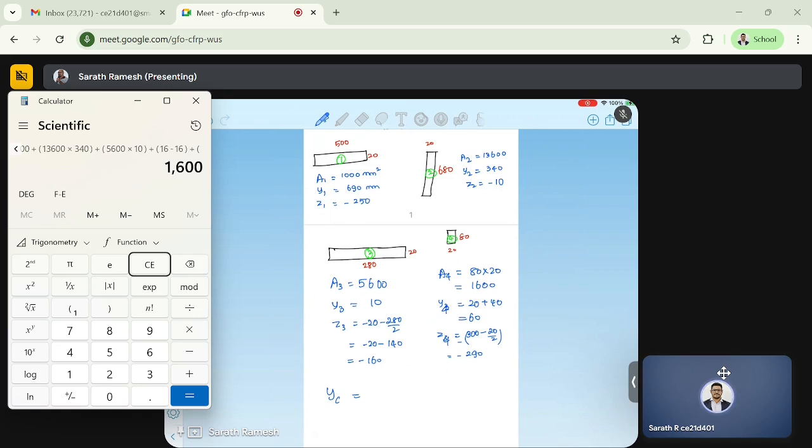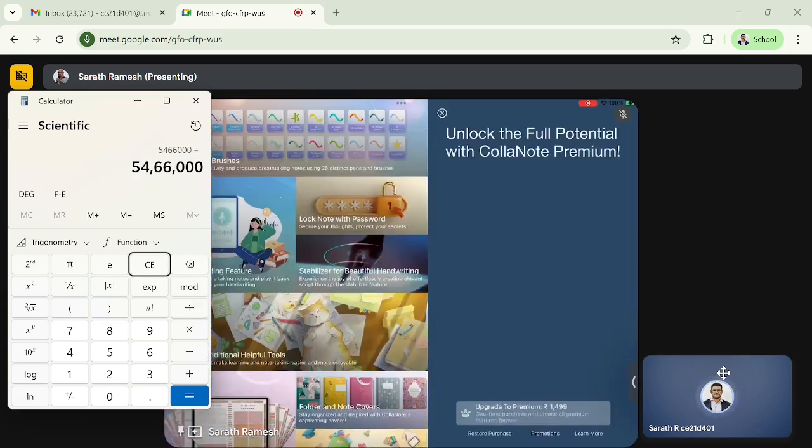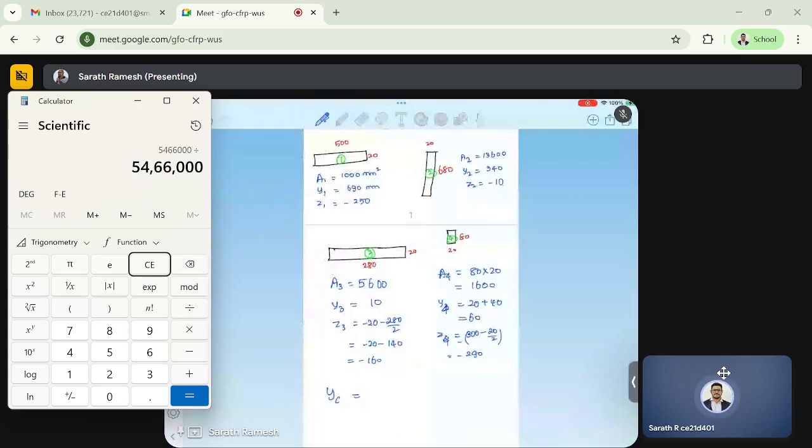Y4 is 60 times 60. Okay, this divided by A1 plus A2 plus A3 plus A4. What is A1 plus A2 plus A3? 1000 plus 13,100 will give us. Oh, by the way, for 520 size it is 10,000, right?